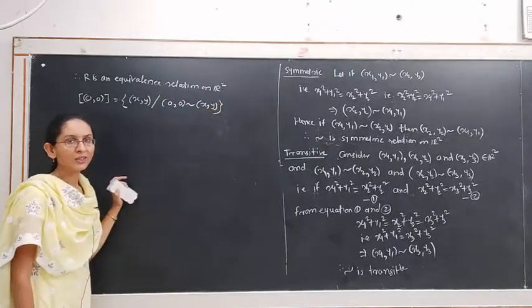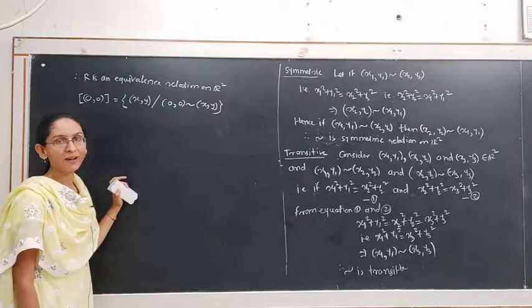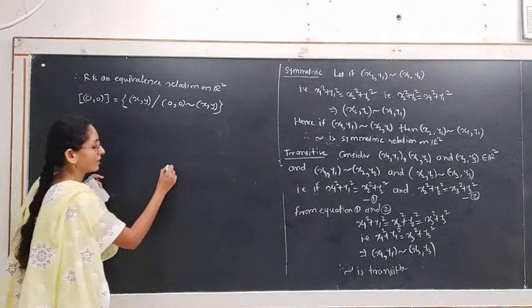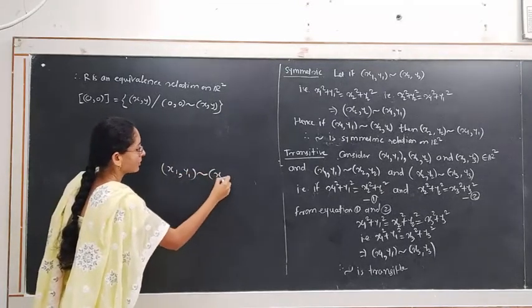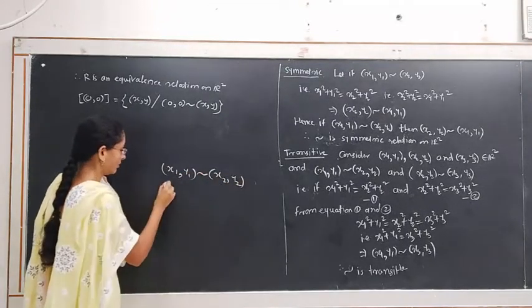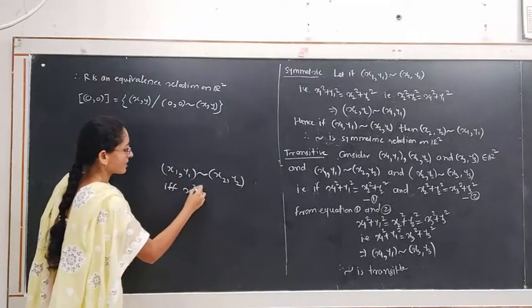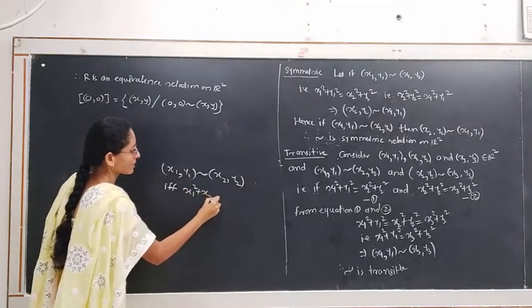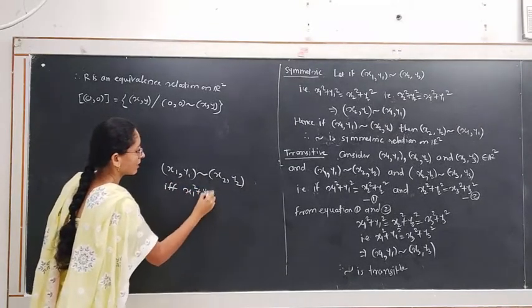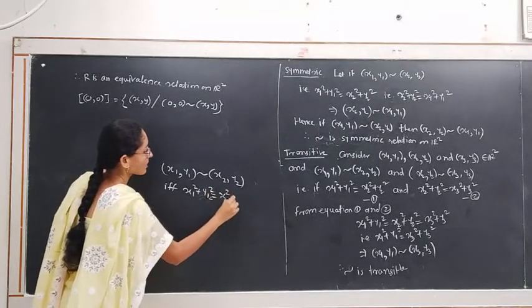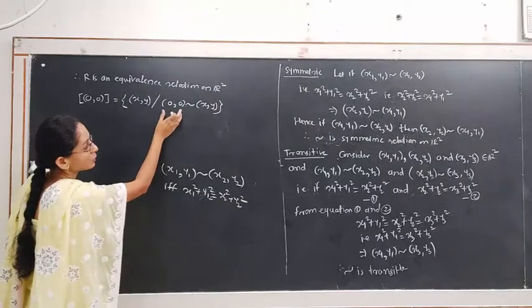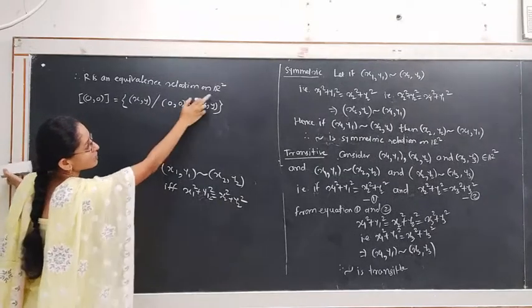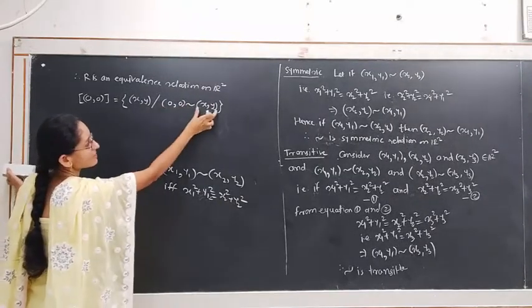In the given example, relation R is defined by the ordered pair (x1, y1) related to (x2, y2) if and only if x1 square plus y1 square is equal to x2 square plus y2 square. Here we are considering two elements of set R2, (0, 0) and (x, y).